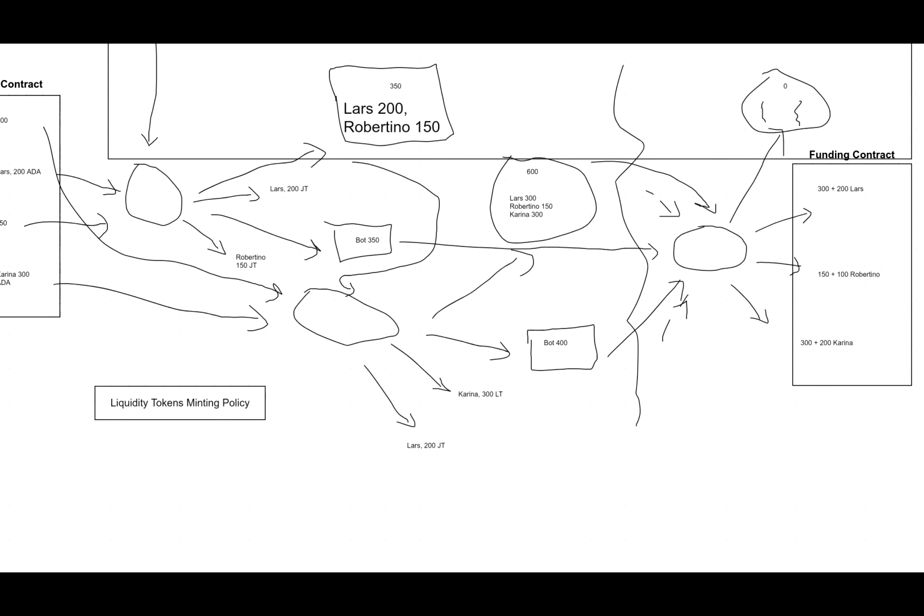I think one must keep track of how many JSON tokens are out there at the moment, and how much ADA is currently at play. So at every point you can calculate the percentage that a new contribution brings, and pay out JSON tokens accordingly. That's how Uniswap does it basically.